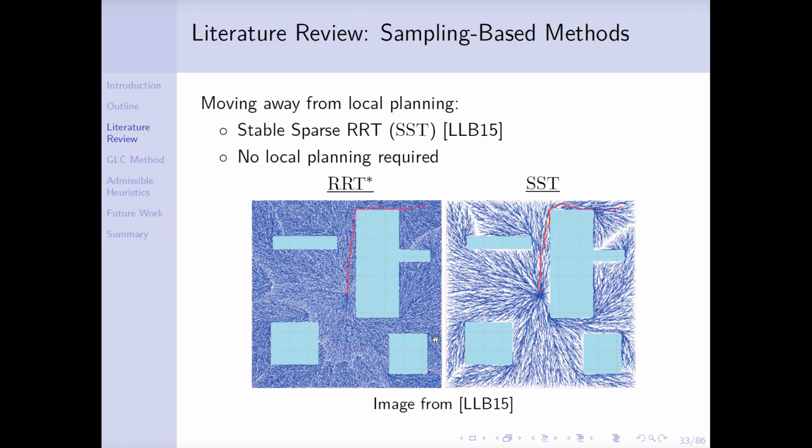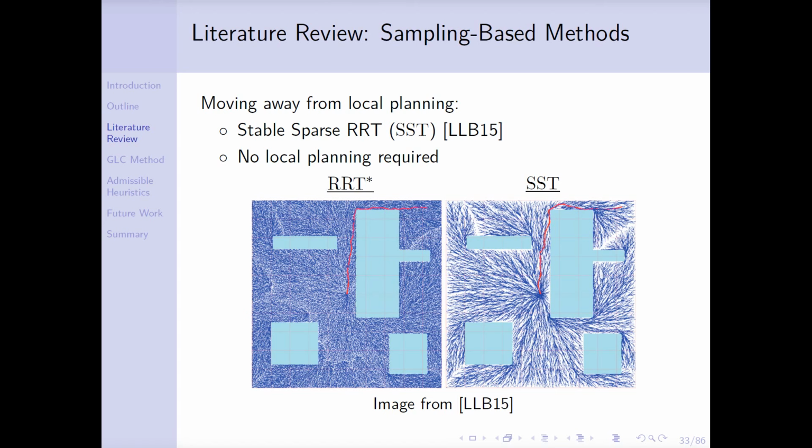So there's still some need for an algorithm with nice completeness and optimality properties, but which doesn't use a local planning subroutine. And one of the recent contributions in this direction is the stable sparse RRT algorithm. So this algorithm is asymptotically almost optimal and probabilistically almost complete.